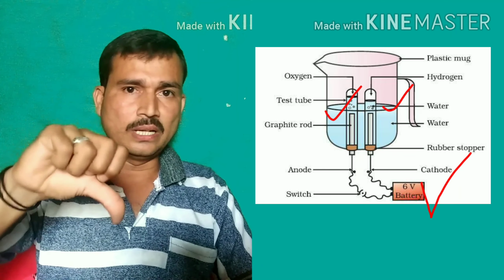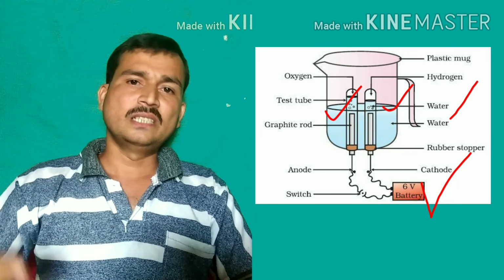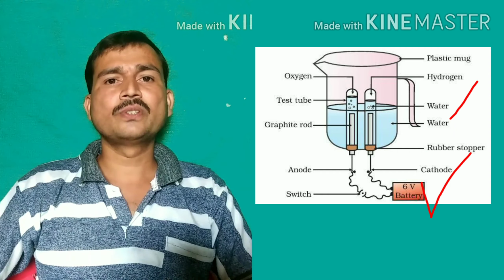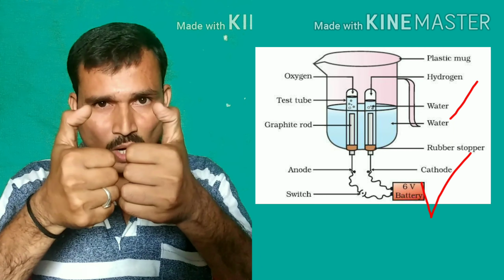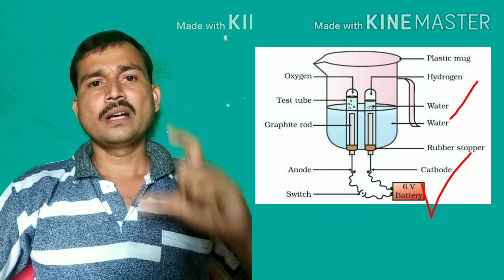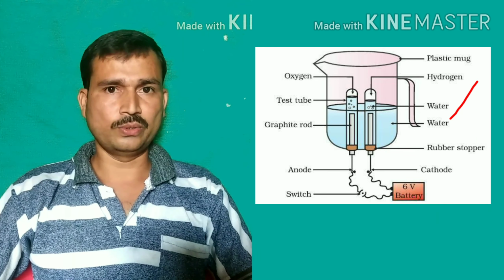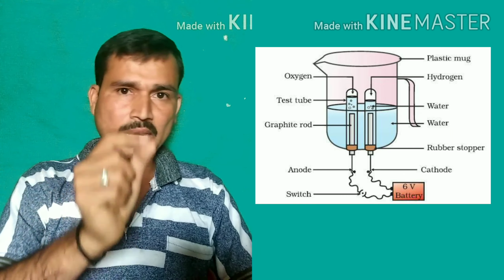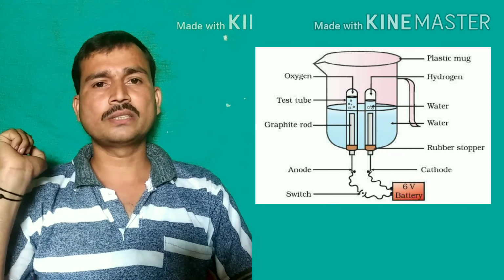Then fill water into the mug. Add a few drops of dilute sulfuric acid. Afterwards, take two water-filled test tubes and put them inversely over the carbon electrodes. Then switch on, pass some current, and keep the reaction going for some time.